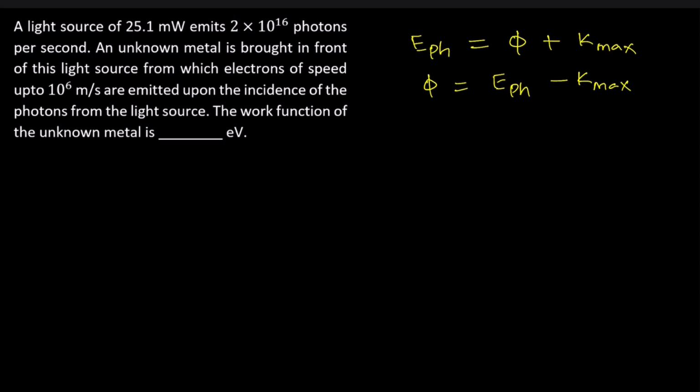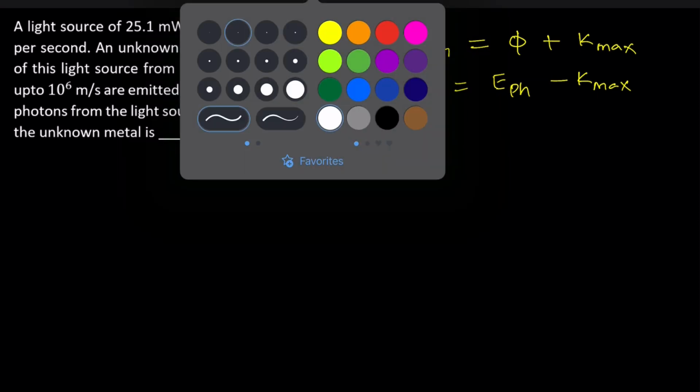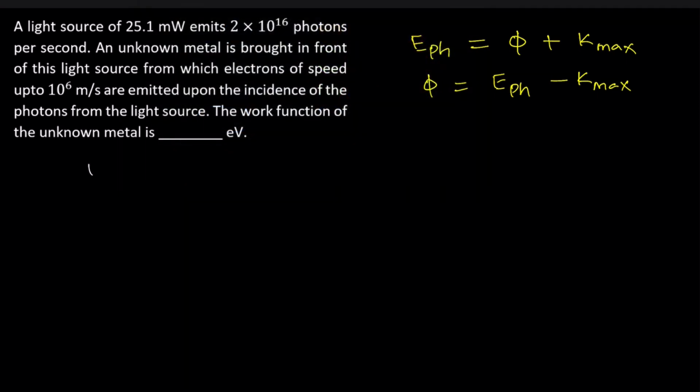Okay, so energy of each photon will be energy emitted per second divided by number of photons emitted per second. So what do we have here?